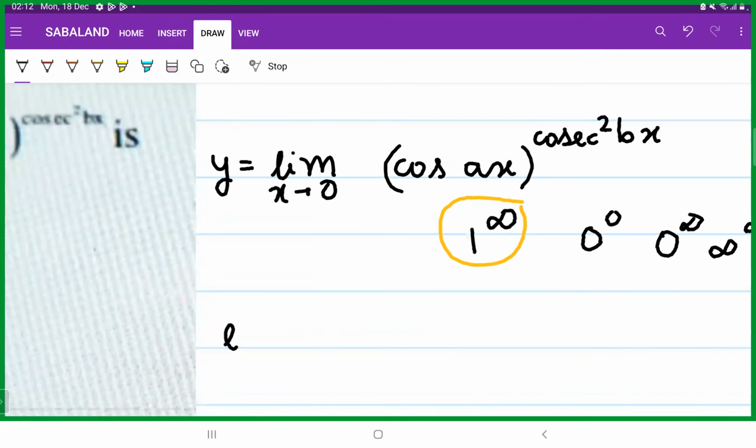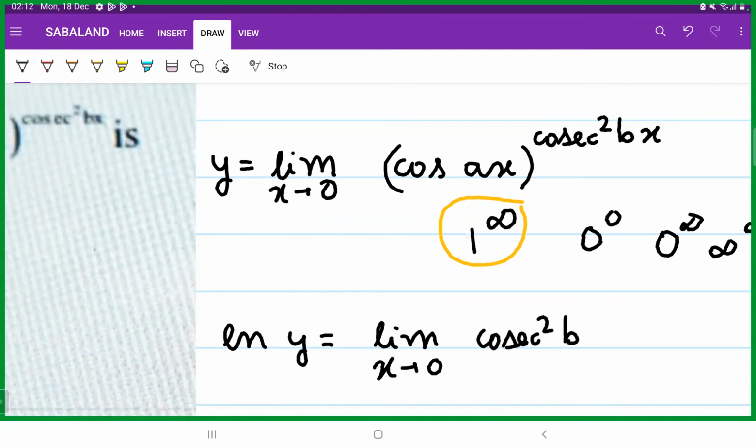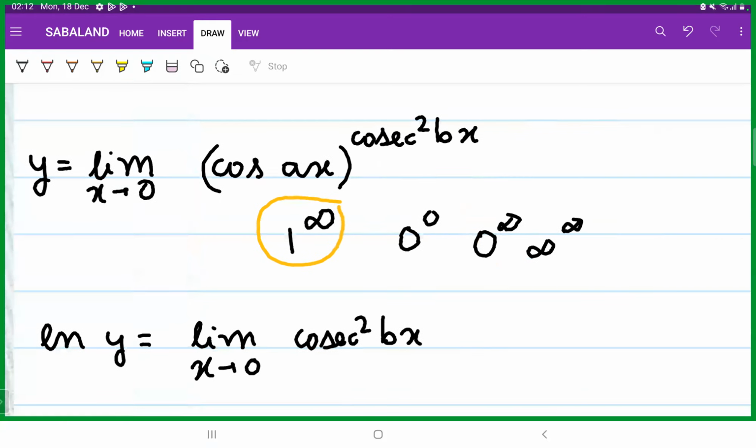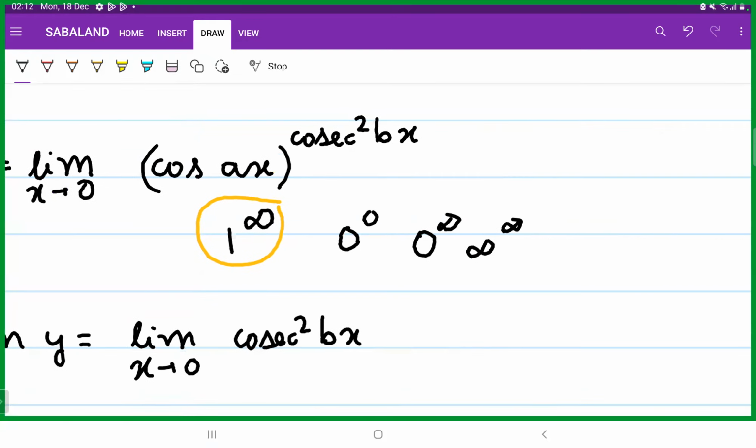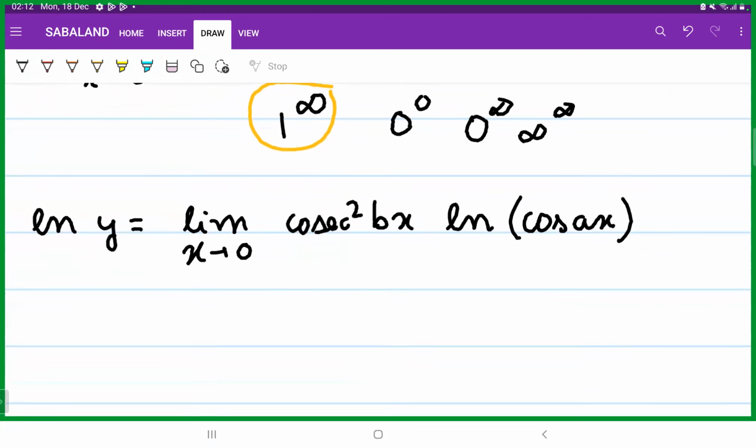So natural log of y is equal to limit x tends to 0 cosec square bx natural log of cos ax, right? This is what we get.